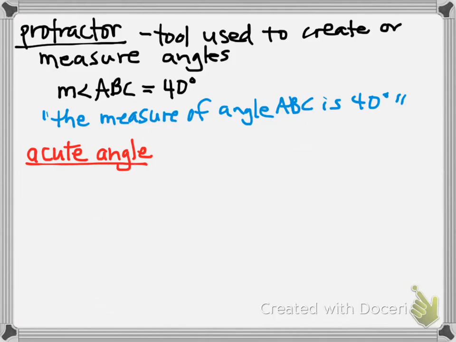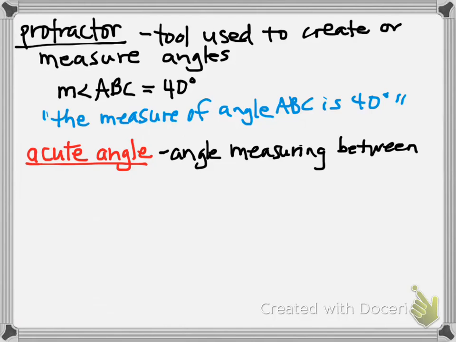And how I remember him is he's a little cute angle. And when you say that to somebody, you usually want to pinch their cheek, so you're always doing this kind of, ooh, he's so cute. Can't help yourself, so it's a little small thing, right? And so he is going to be an angle measuring between 0 degrees and 90 degrees.